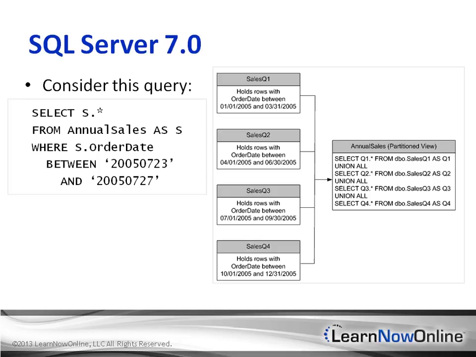And what happens is SQL would go through the partition view over here on the right, where it would go through and do the selections. So we would select all the rows from Q1, union that with Q2, Q3, Q4. Now, because of the elimination, what's going to happen is we're going to be able to remove Q1, Q2, and Q4 from consideration.